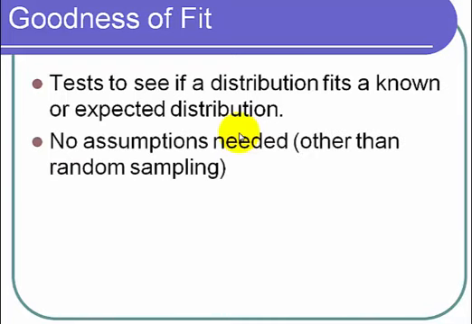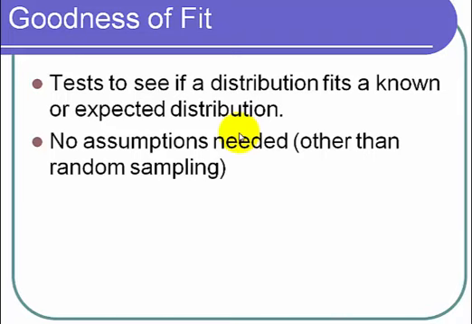So one of the nice things about the goodness of fit test is we don't have any assumptions that are needed. Of course, you got to have random sampling. Nothing ever happens in statistics if you have biased sampling. That's never okay. But given that we have random sampling, you do want the sample size to be reasonable. Typically, you want to make sure that all of the expected counts are at least bigger than 5 is a good idea.